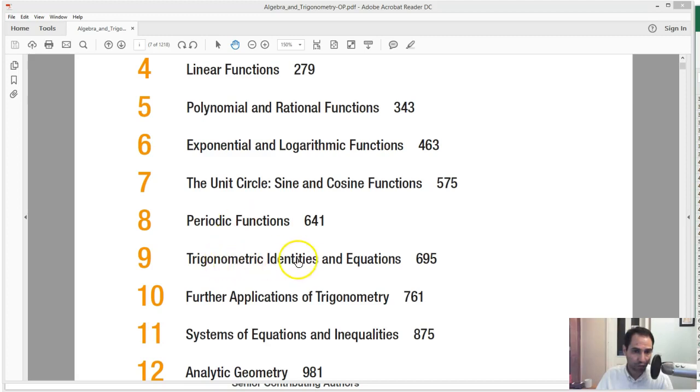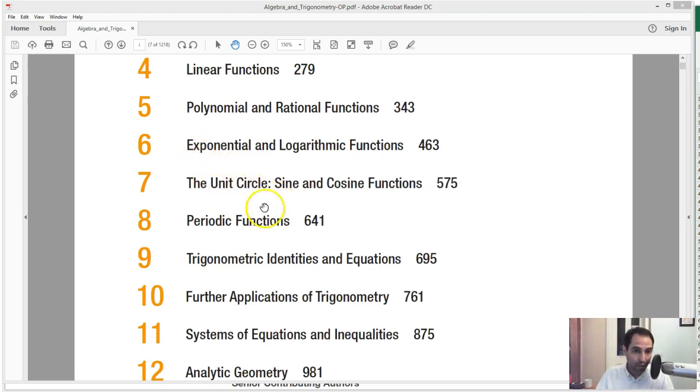Then we have trigonometric identities and equations, which is part 9, and this also builds upon part 8. And then we have further applications of trigonometry that builds upon this. So in these 4 courses you will learn trigonometry completely.